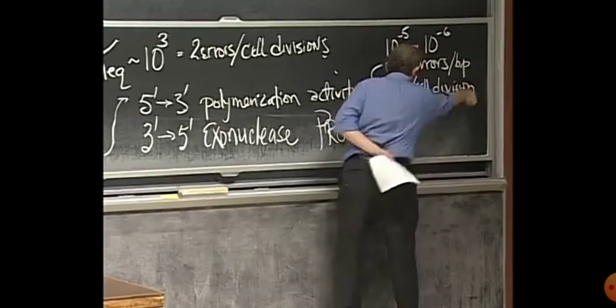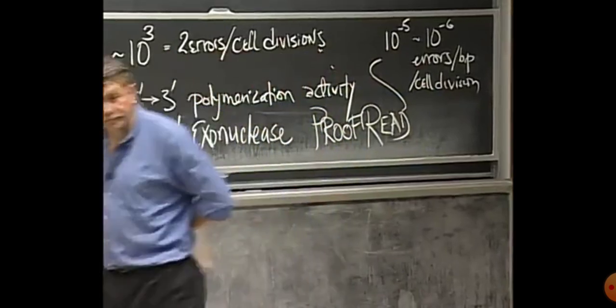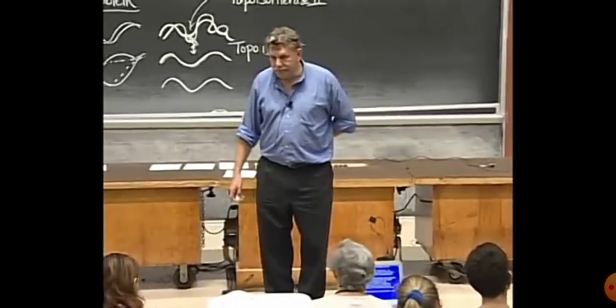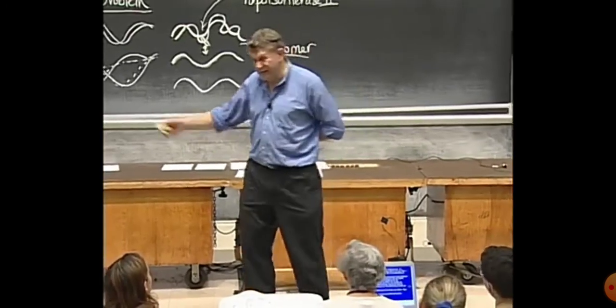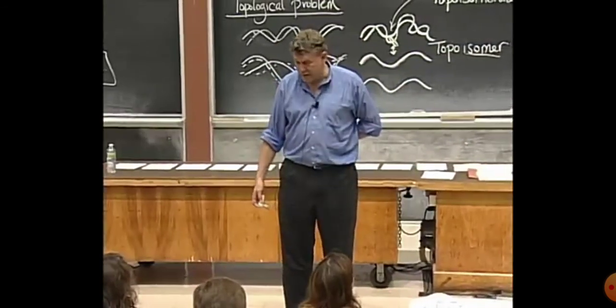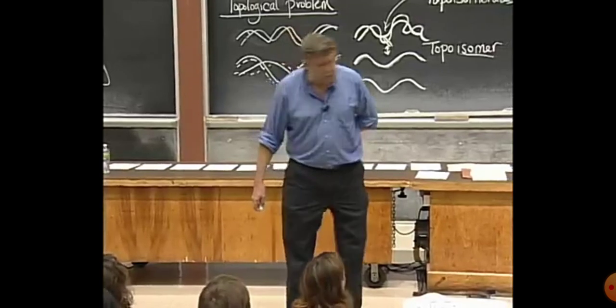It's only making on the order of 1 error per million. Now are we satisfied? No, you guys are pretty hard-nosed. Not good enough, because you have 50 cell divisions, and some cells go through many, many, many more cell divisions. Not acceptable. But it's a start.